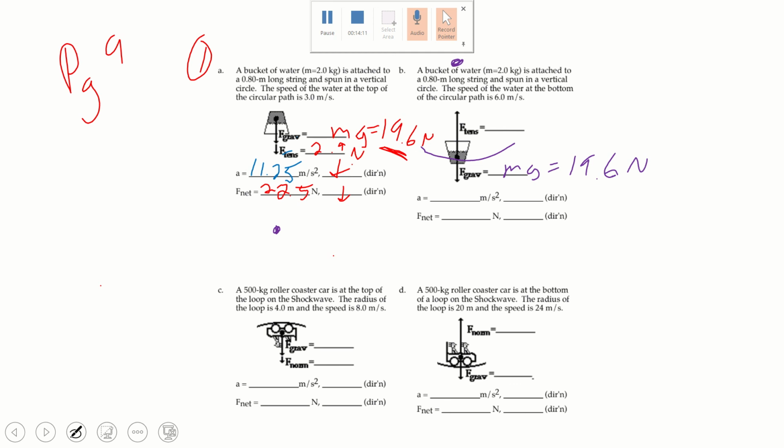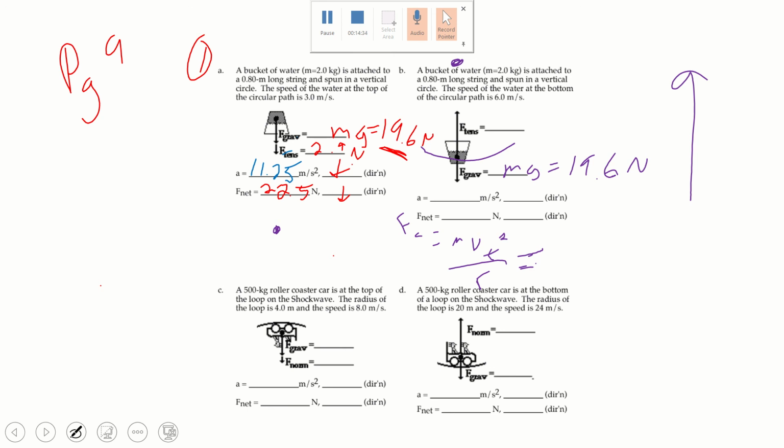Okay, so we're going to have to first overcome that and create a big upward force in order to get the centripetal force we need. So remember, the net force is the net centripetal force. So we need to figure out how much centripetal force we need in order to do this. mvt squared over r, m is 2, vt is 6.